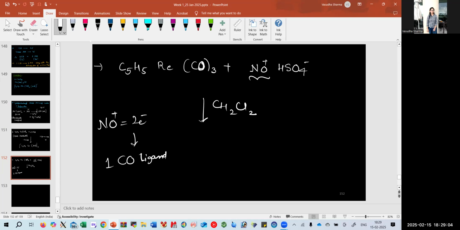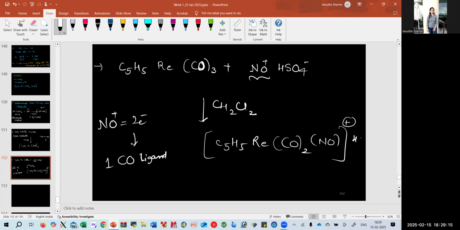Ultimately we will end up with C5H5 rhenium carbonyl 2 NO, and the whole coordination sphere has a positive charge, with HSO4 negative outside. So this is a full complex stabilized by HSO4 negative as the ion.